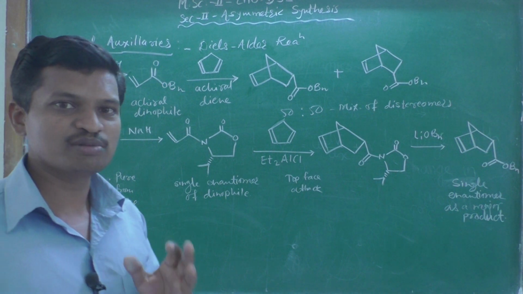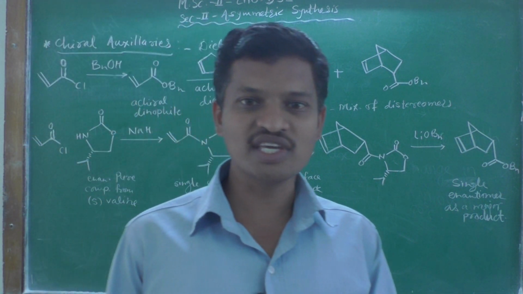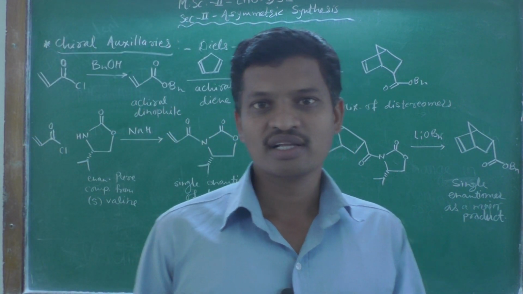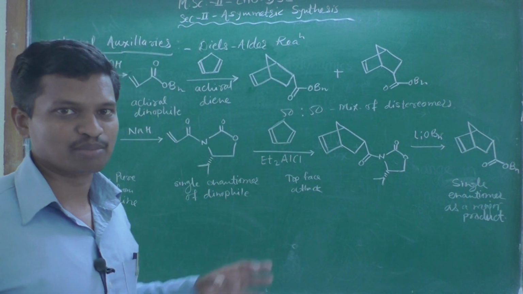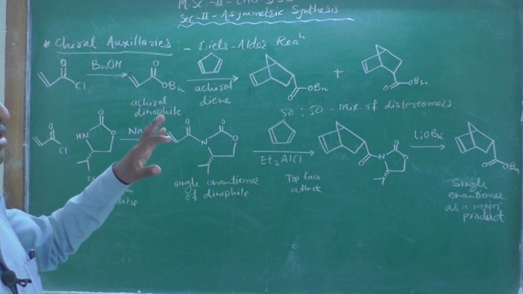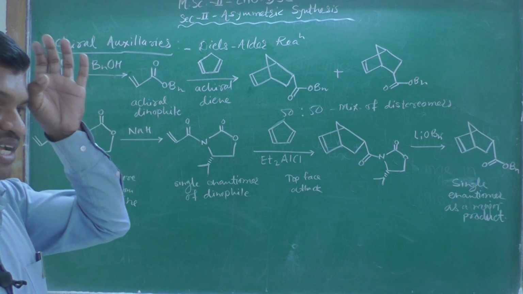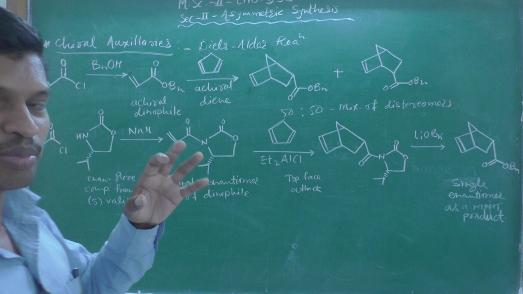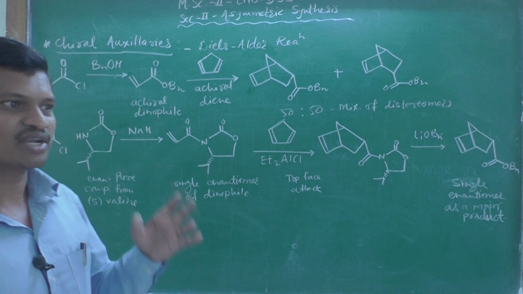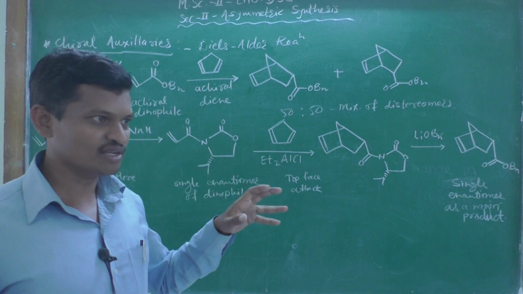What is meant by chiral auxiliary, we will learn by considering this example. Consider a general example, the Diels-Alder reaction, which is one of the types of pericyclic reactions that you learned in the last semester.